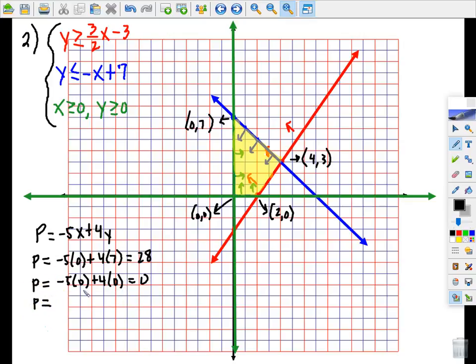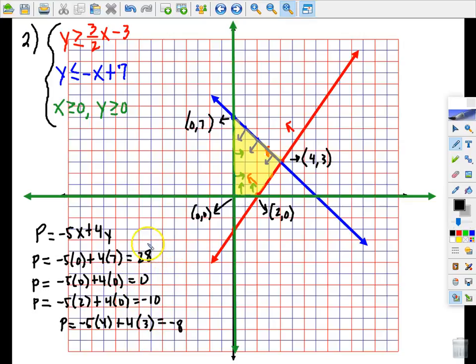All right, and then we'll do this ordered pair, (2, 0): -5 times 2 plus 4 times 0. That's -10. And then -5 times 4 plus 4 times 3, -20 plus 12 is -8.